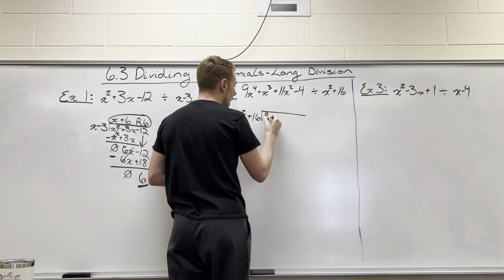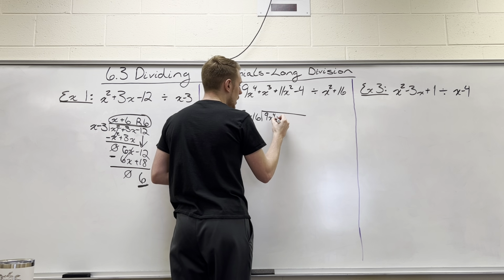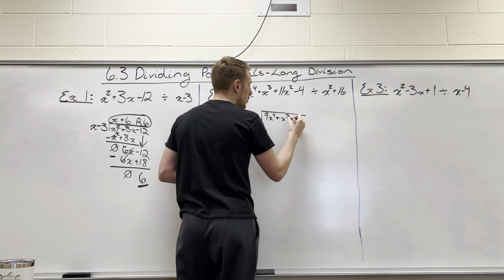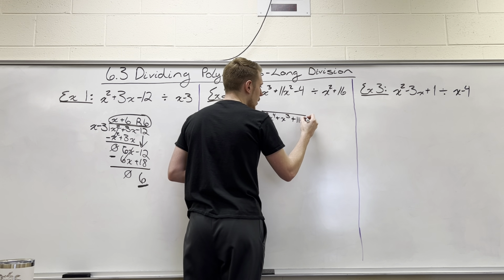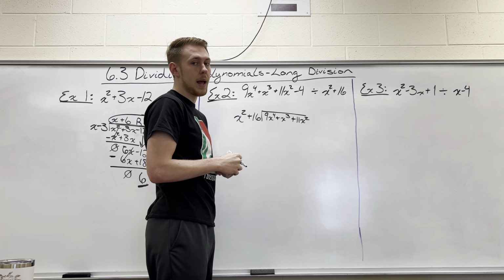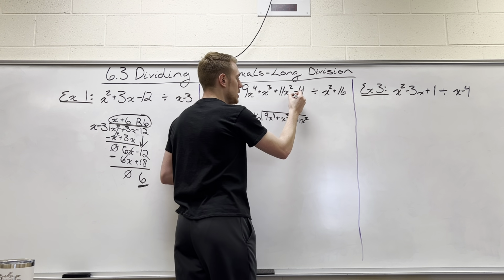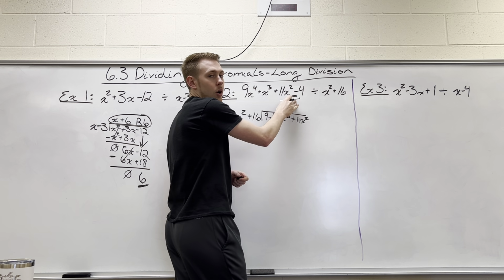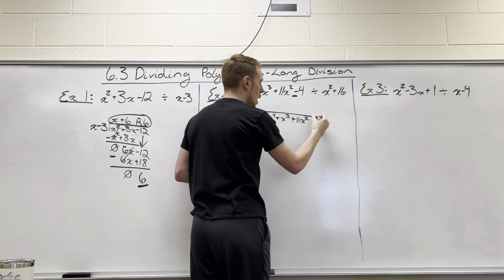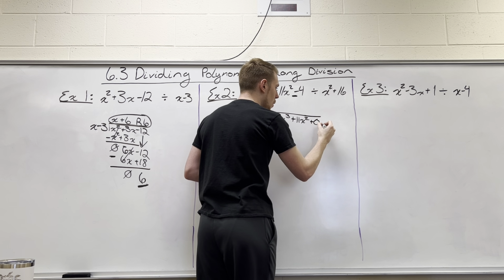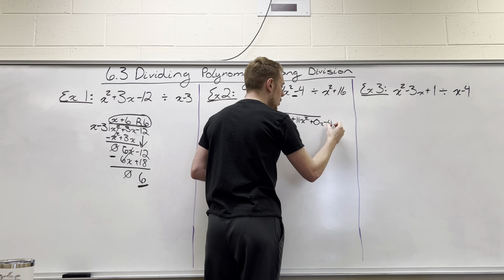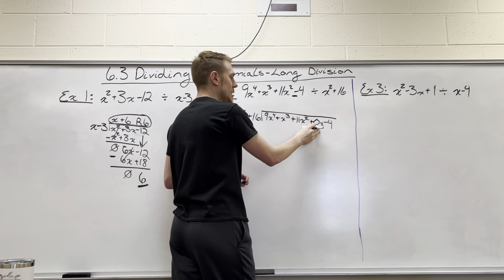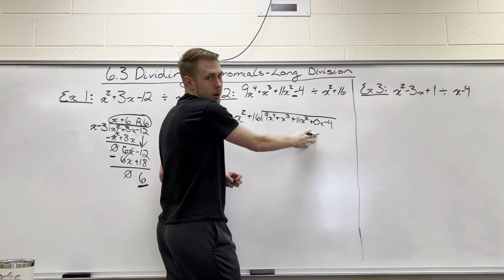Inside the bracket, I have 9x to the 4th plus x cubed plus 11x squared. What you can't forget is you are skipping a part. I don't have an x term. So I'm going to put in a plus 0x and then just continue along my way. You should always put this in because it will help you in the long run.